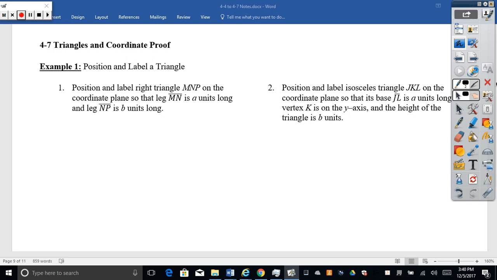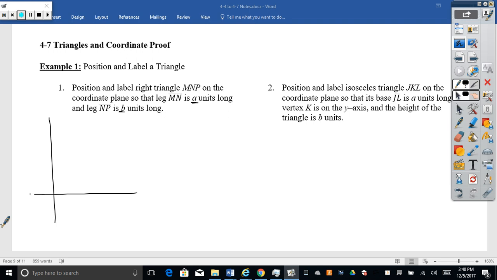So let me go ahead and draw out a coordinate plane. Since both are positive, we could actually put them in any of the quadrants here. But usually we see it's going to be in the first quadrant, or that it's going to be centered on the y-axis. Now I'll point that out in the next one.